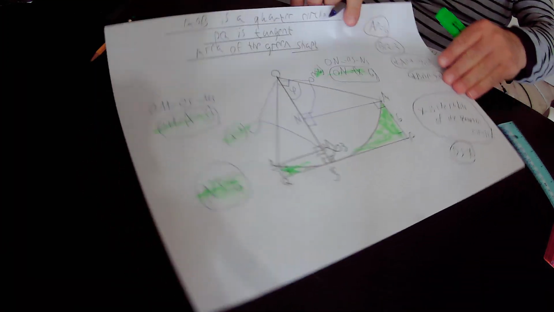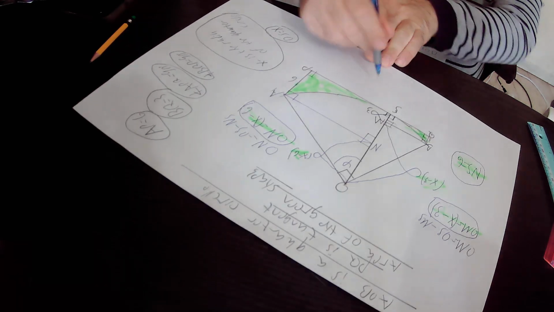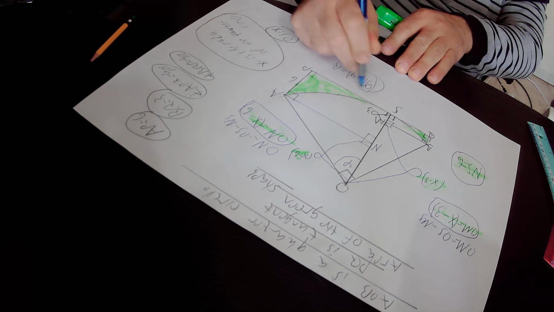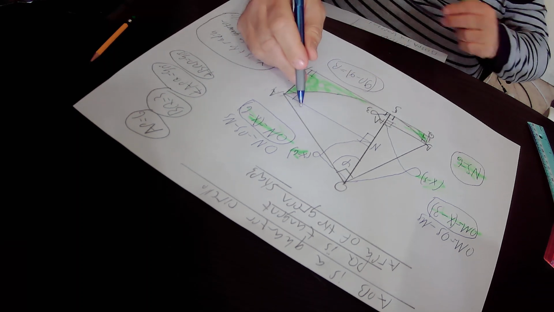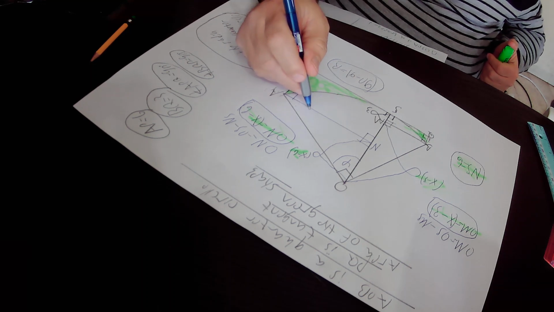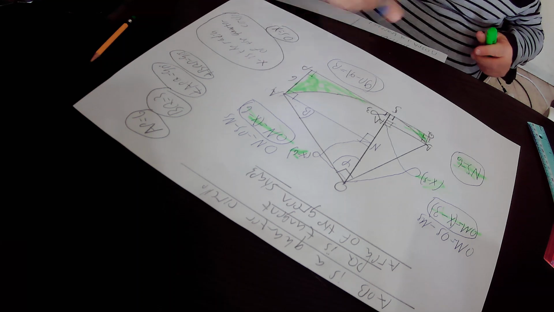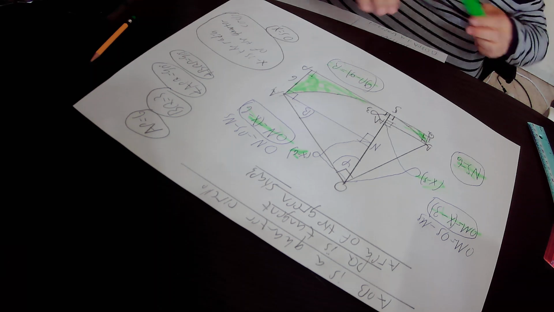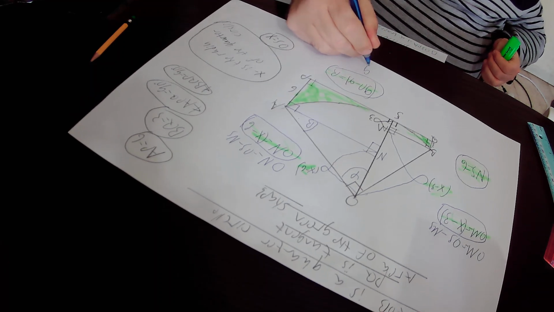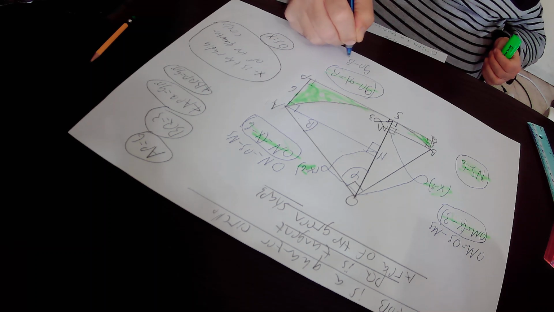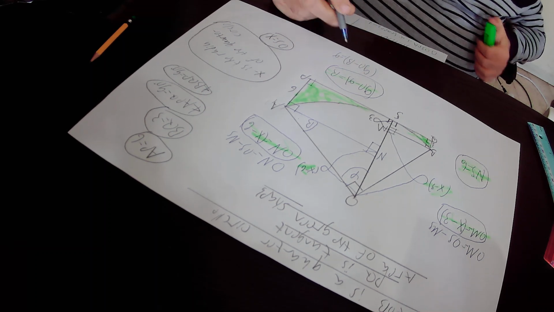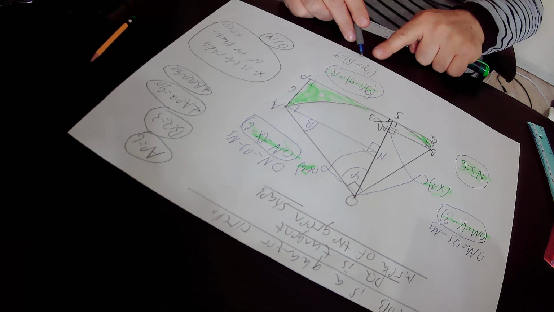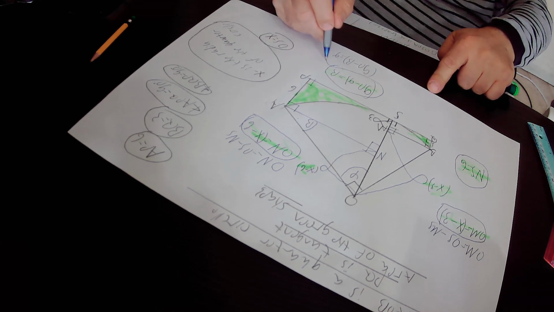So we define 90 degrees minus alpha as beta, and therefore the missing angle here will be equal to beta according to our definition. If 90 degrees minus alpha equals beta, it means that 90 degrees minus beta equals alpha.